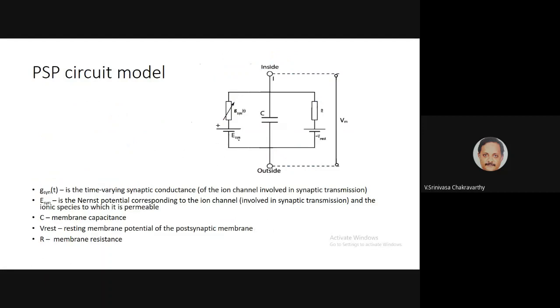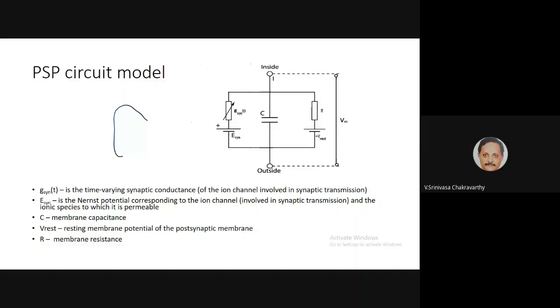So the postsynaptic membrane, you have the synaptic channels, where the neurotransmitter molecule binds. And this will allow current, and that's what causes the PSP.